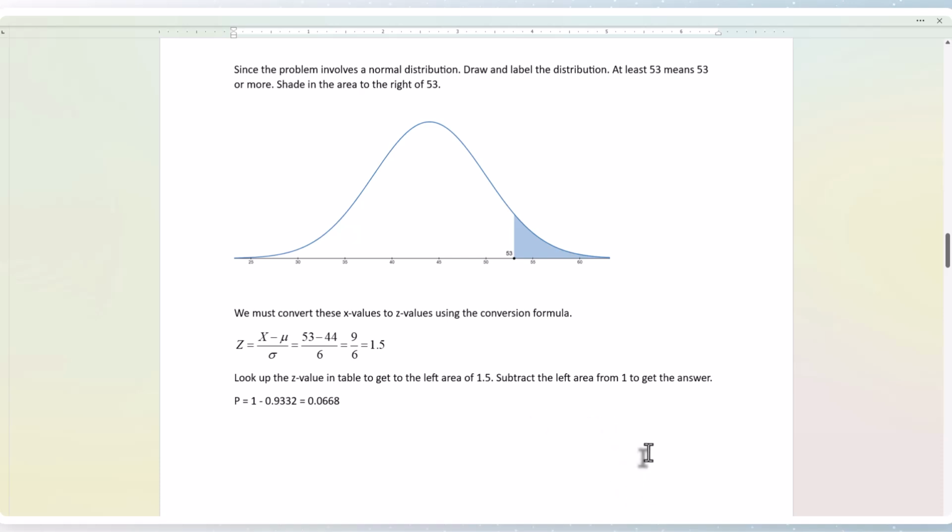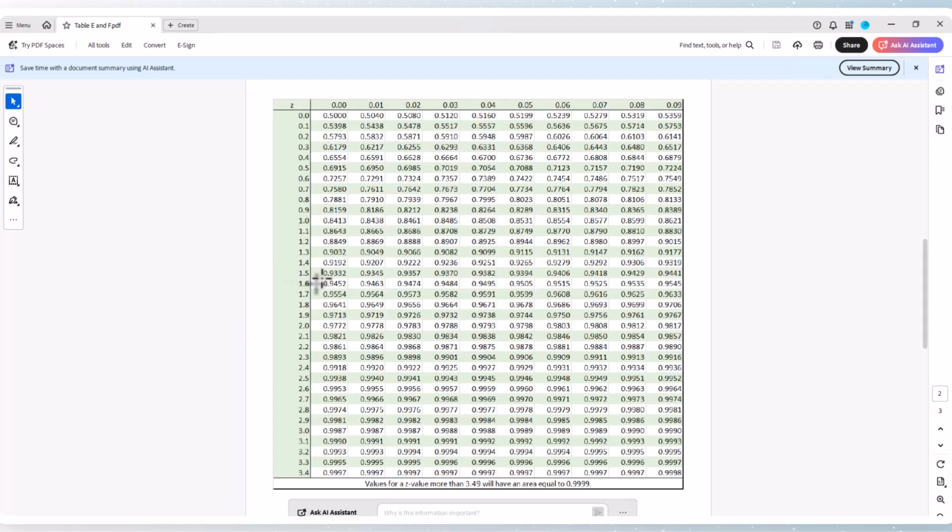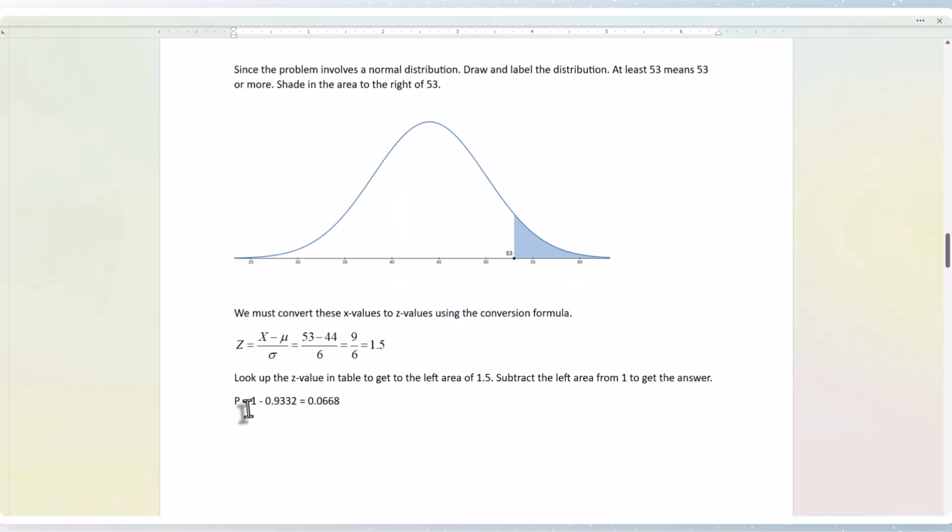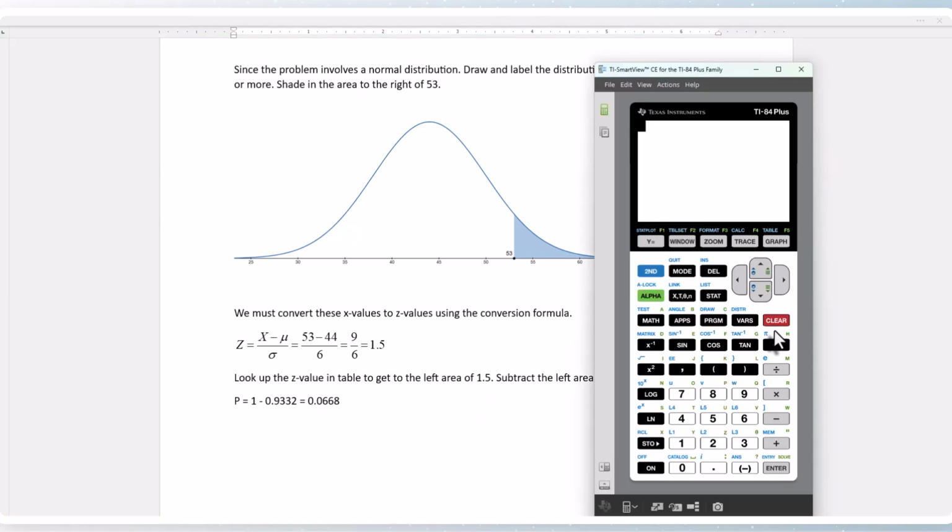So let's look up 1.5. So 1.5 is 0.9332, and 1 minus 0.9332, 0.0668. That's the answer. You use the calculator, we type second vars, go to option 2. Our minimum value is 1.5.